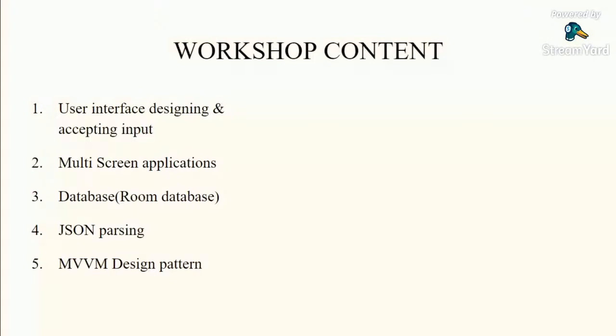If it's a linear layout, all the views will be arranged in a linear fashion. If it's a relative layout, the views will be arranged in relation to each other. If it's a constraint layout, it will be constructed with some sort of constraints. The reason constraint layout is being used everywhere is that it is a responsive layout.